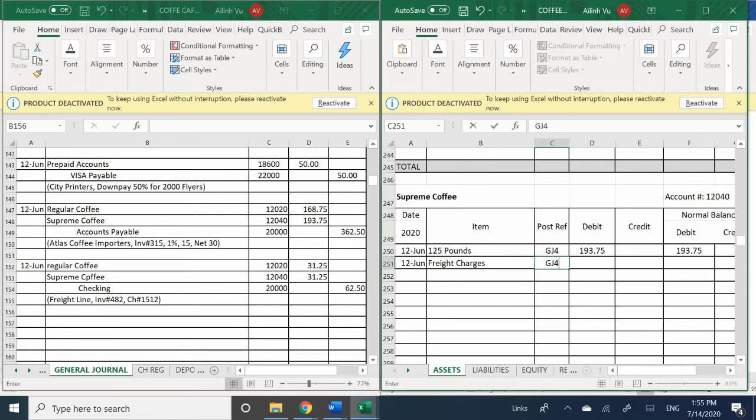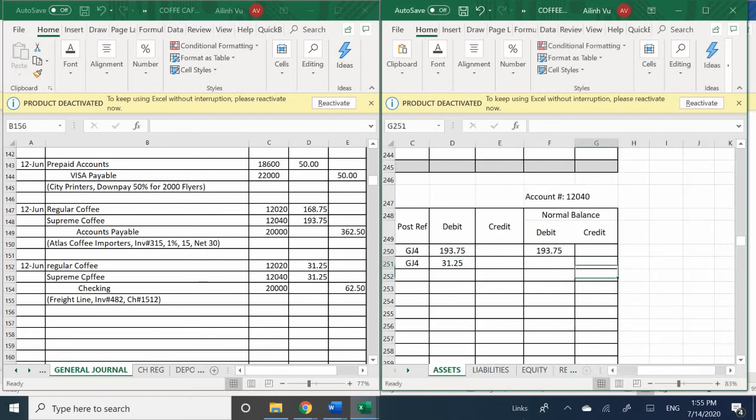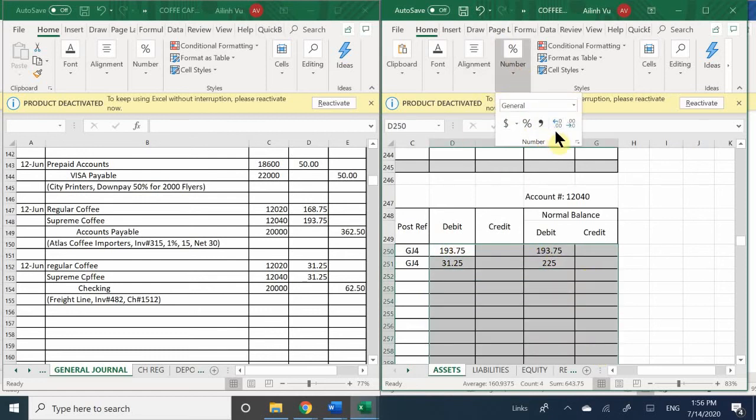General journal number 4, and it's going to be for $31.25, which we're continuing our balance. So your previous balance plus your debits, subtract your credits, and you should get $225. Okay. So I'm going to go ahead and make this in penny form.